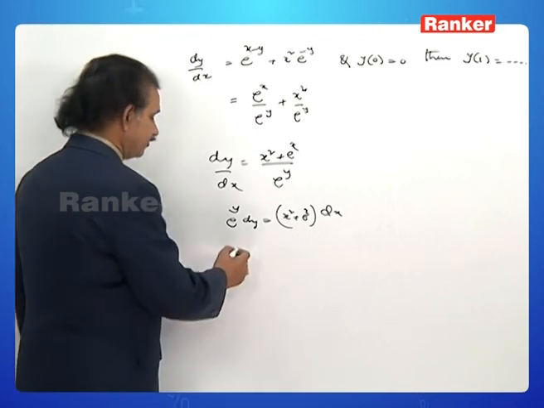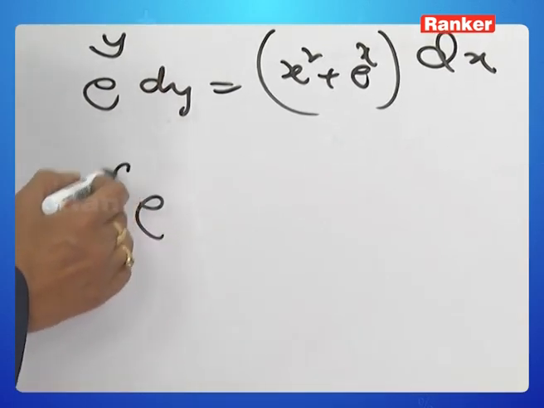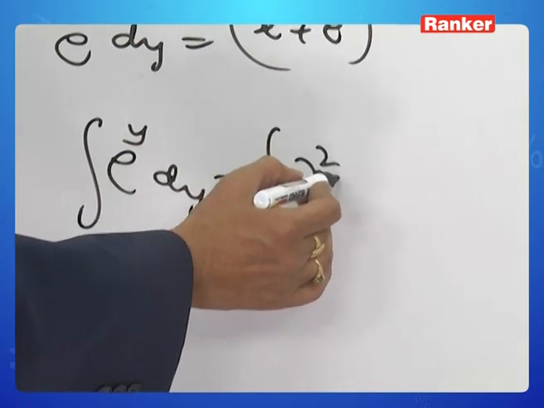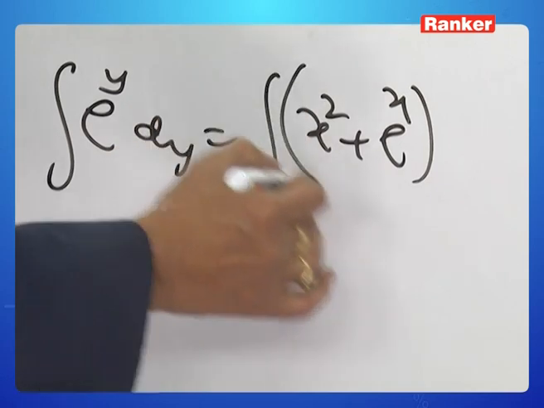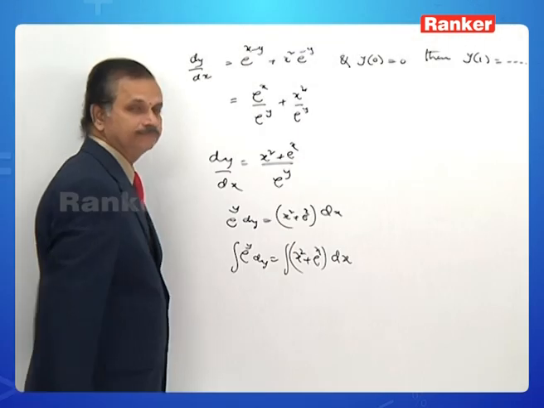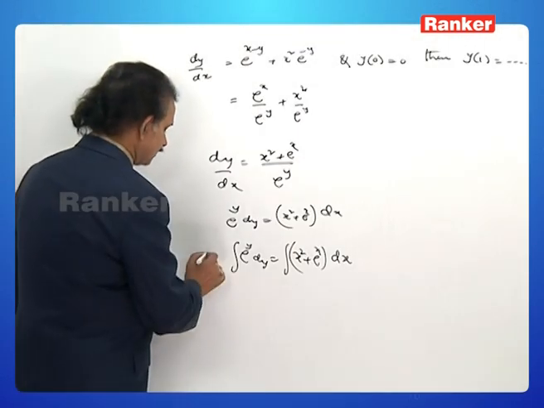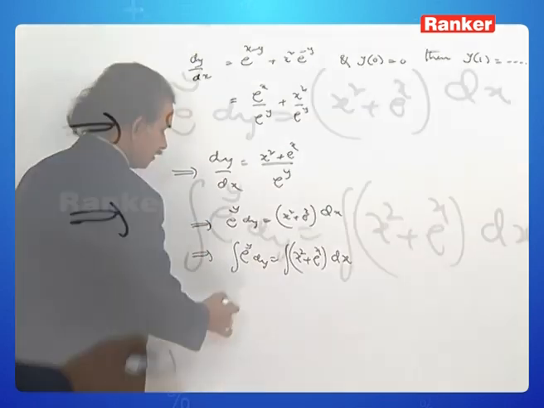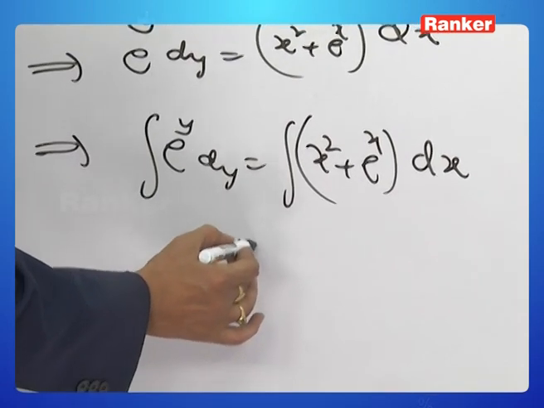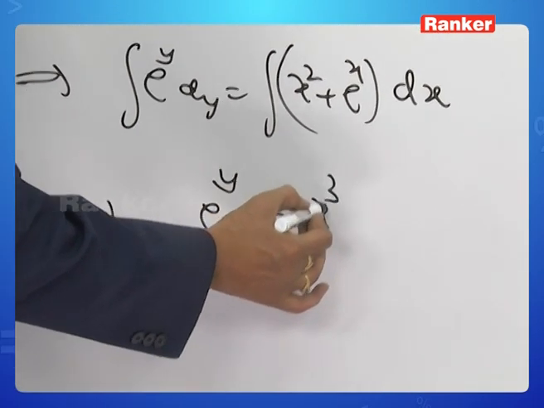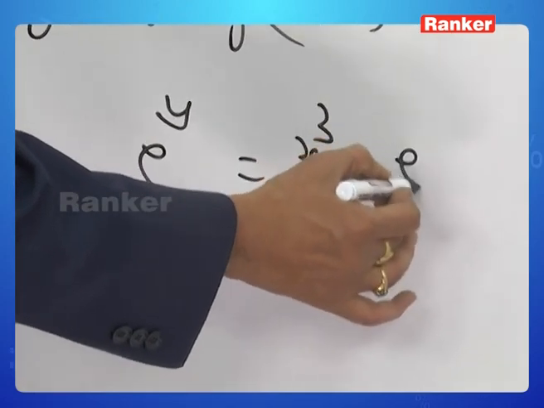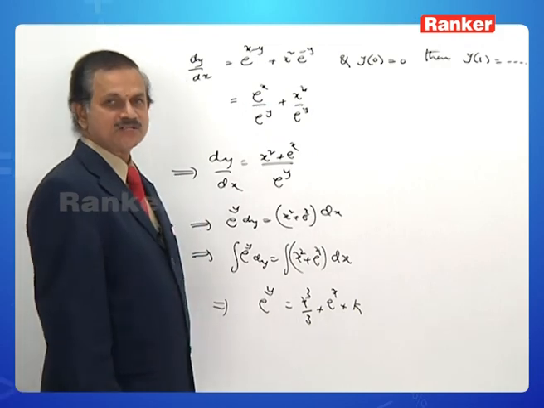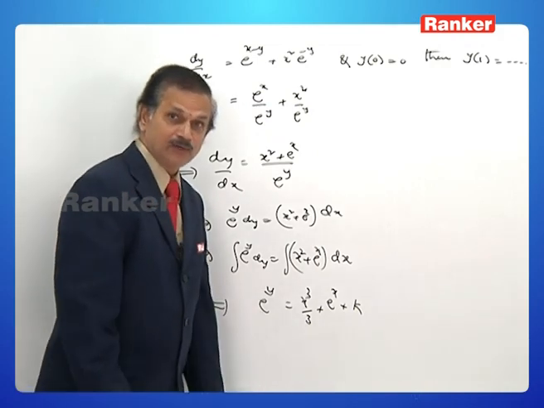Integrating on both the sides, integral e power y dy is equal to integral x square plus e power x dx. What is the integral of e power y? E power y is equal to x cube by 3 plus e power x plus k, where k is the constant which is supposed to be determined now. Okay.